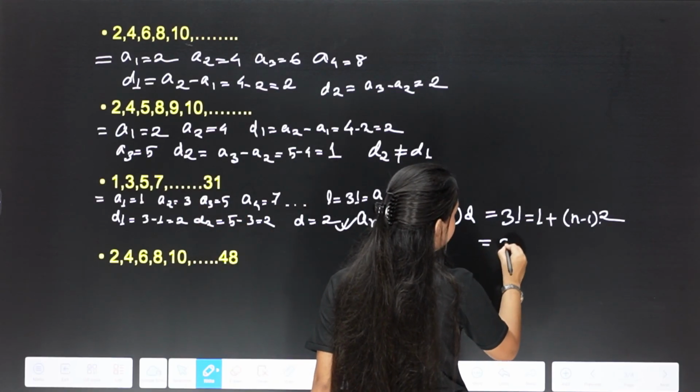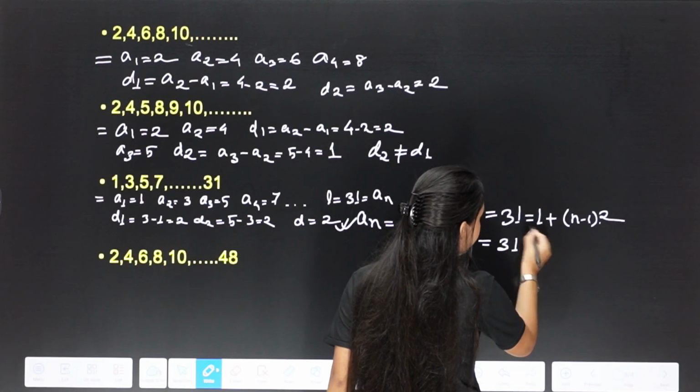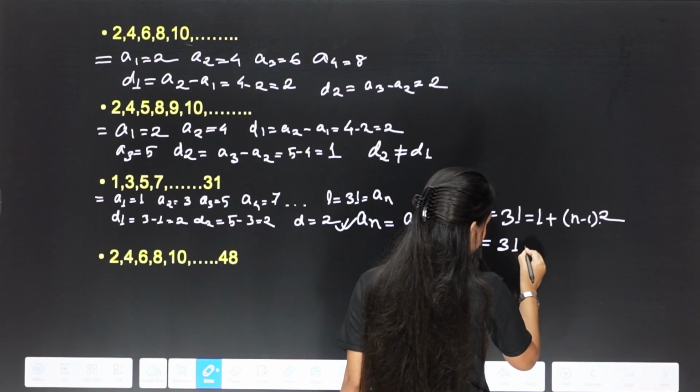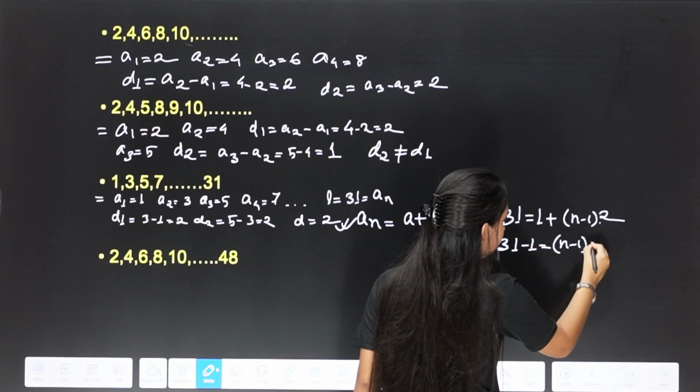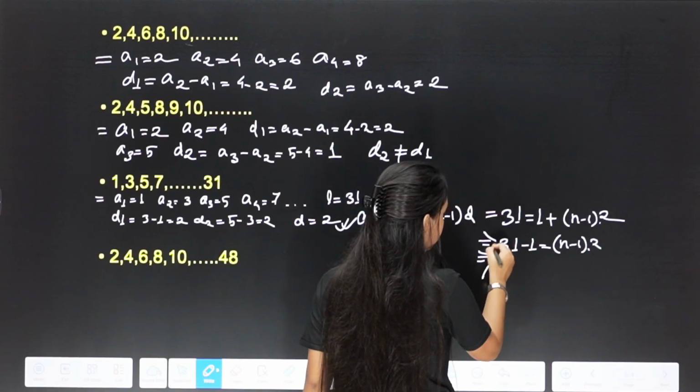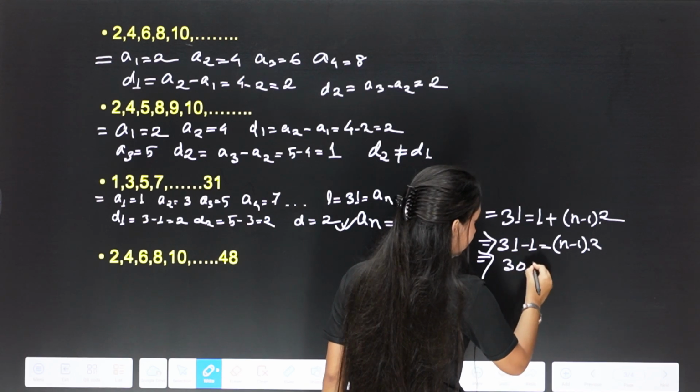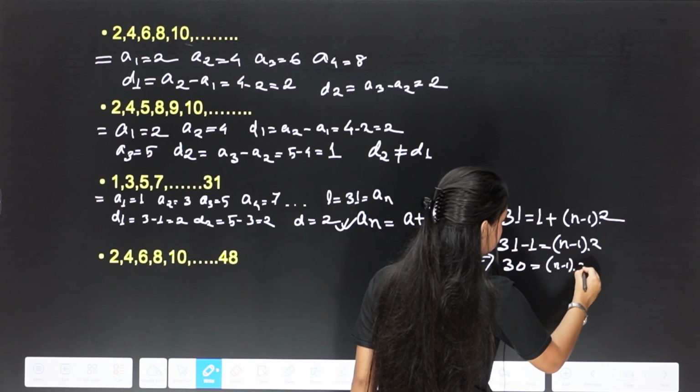Then we will solve it. 31, we will take 1 to the left hand side, that is minus 1, then n minus 1 into 2. So 30 is equal to n minus 1 into 2.